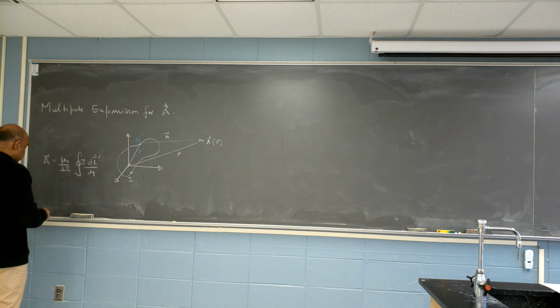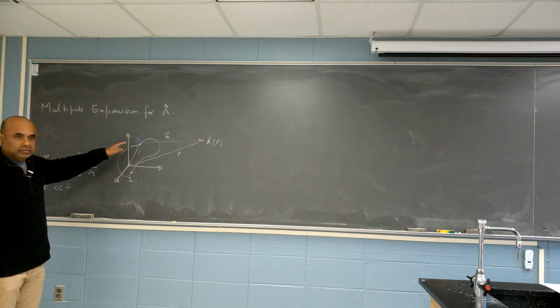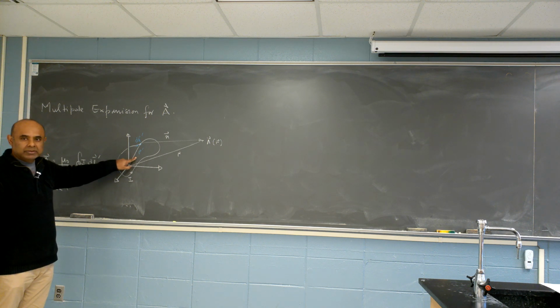And we're going to assume that, well, magnitude maybe, because we're far away from any of these guys. So if we were calculating the vector potential here, we cannot really use a multipole expansion.